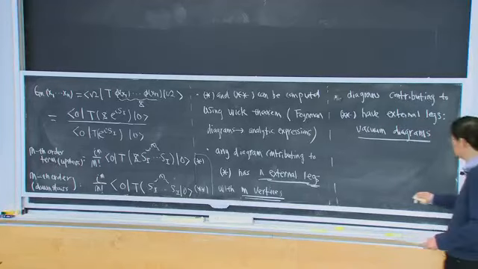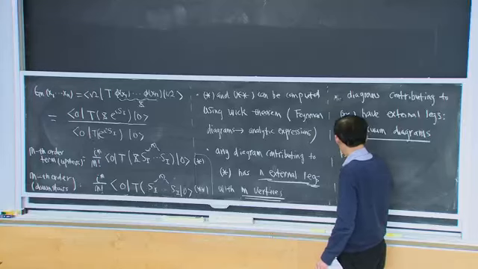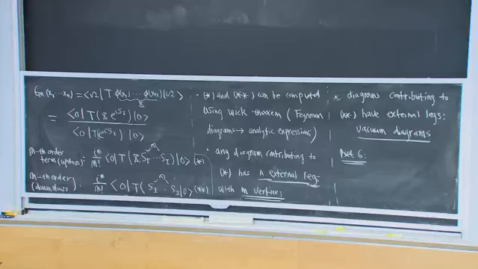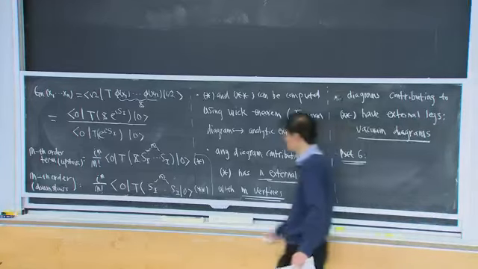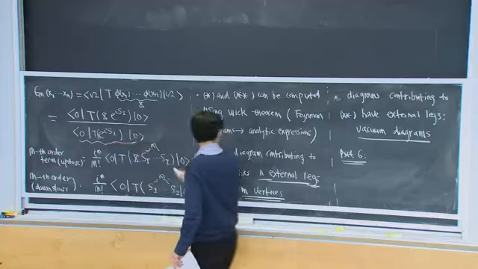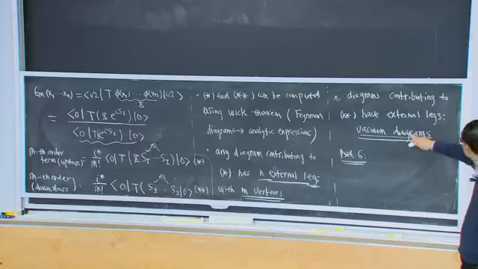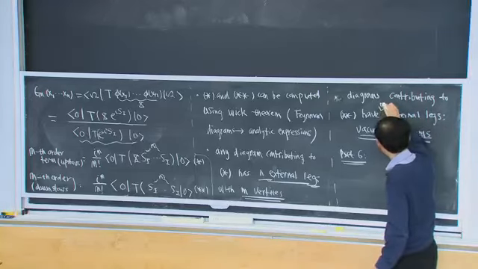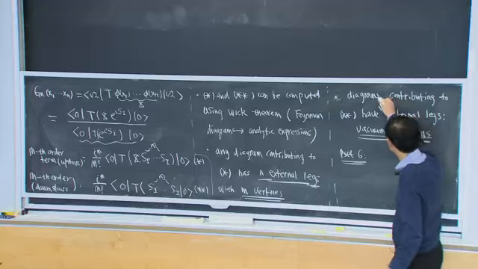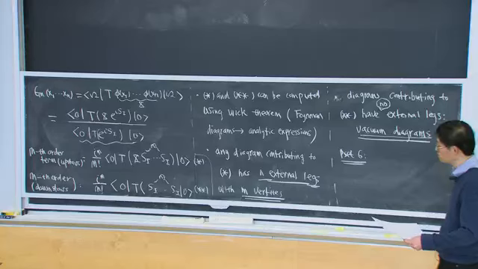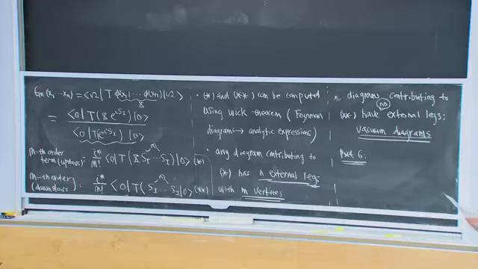So in P set 6, the P set we just posted last night, you can show that this quantity, which comes from summing over all possible vacuum diagrams, the diagrams with no external legs, this no is very important, and so they're called vacuum diagrams. In P set 6 you will show it yourself. It's a pretty simple calculation, but an instructive one.